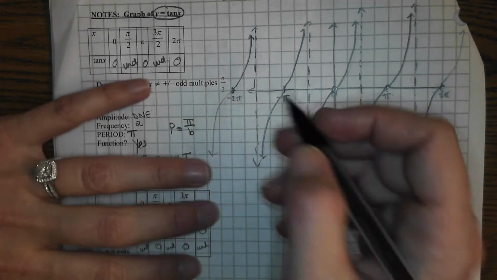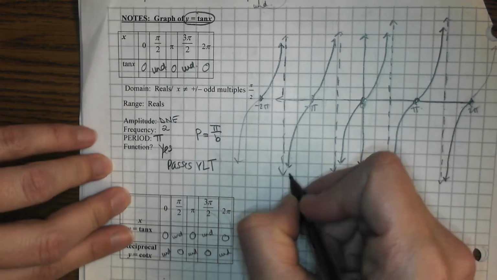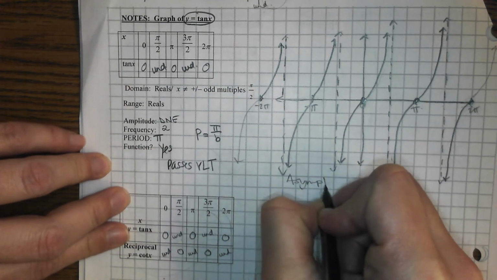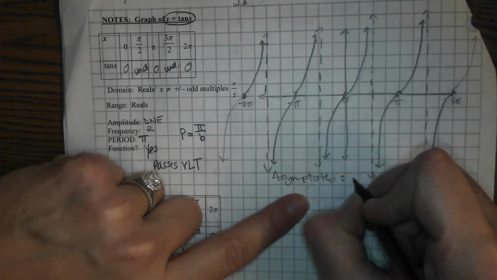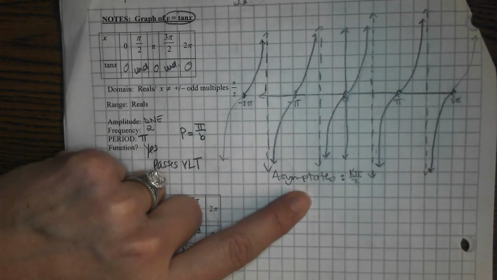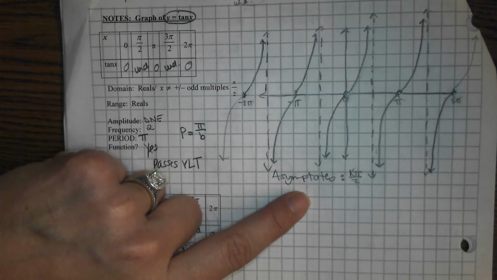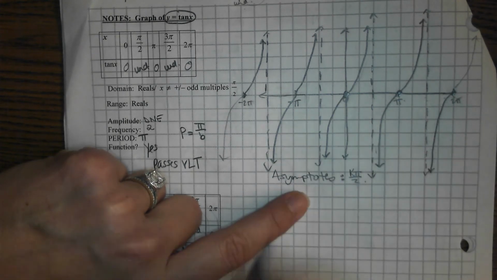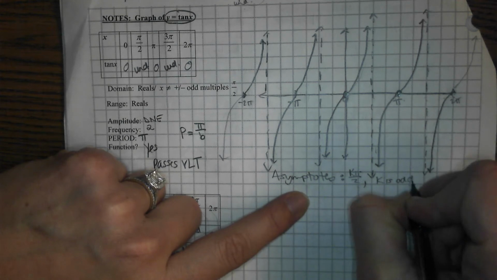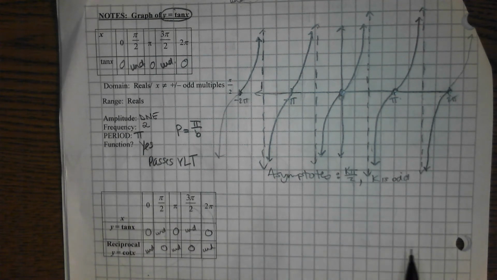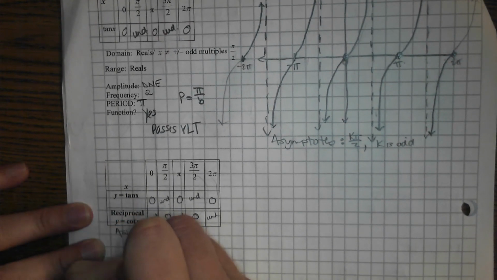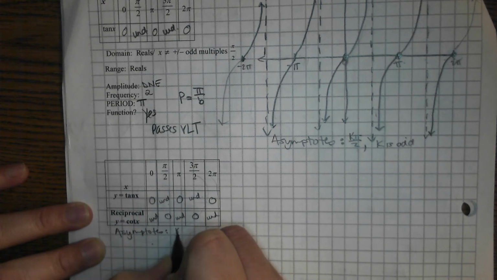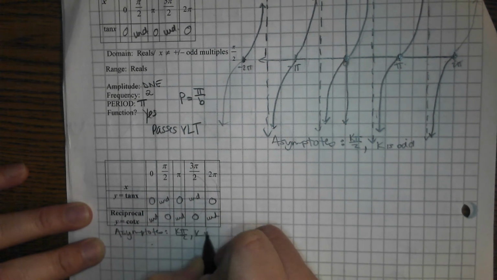So one way that I like to iron stuff out, especially if we start graphing things with transformations: on a tangent graph, your asymptotes are at k pi over 2 to start, where k is odd. Your asymptotes are at 1 pi over 2, 3 pi over 2, 5 pi over 2, 7 pi over 2. And on the reciprocal graph, all your asymptotes are at k pi over 2, where k is even.